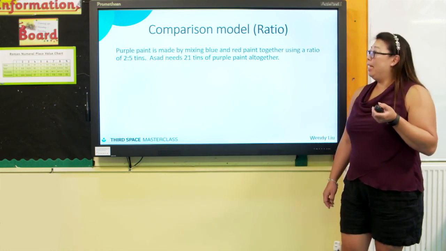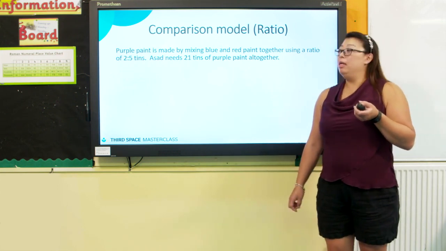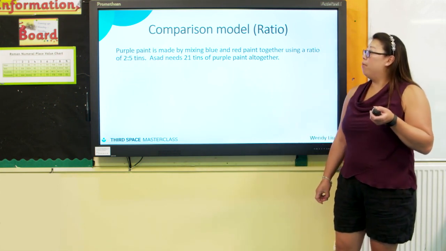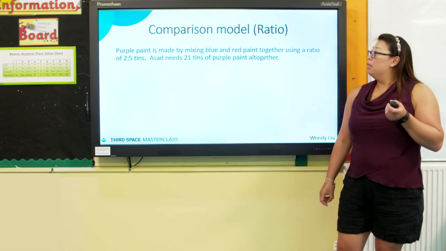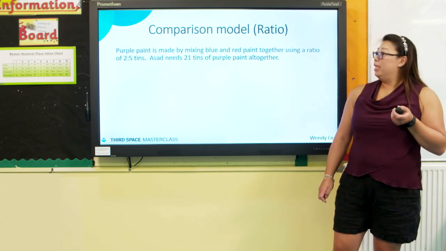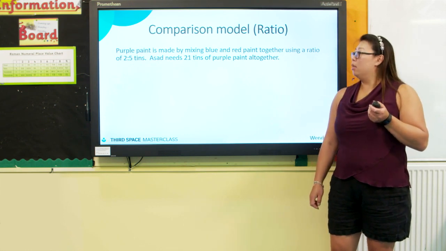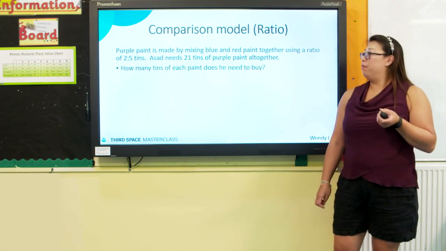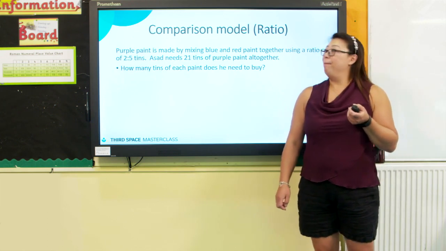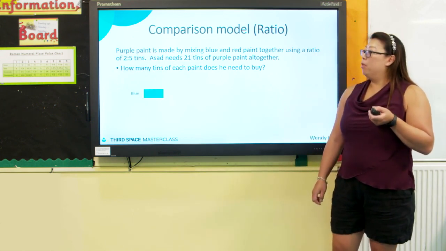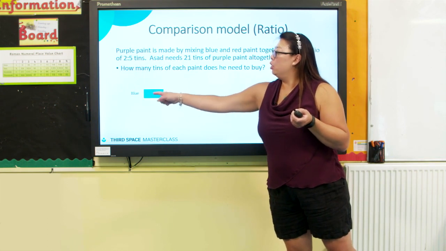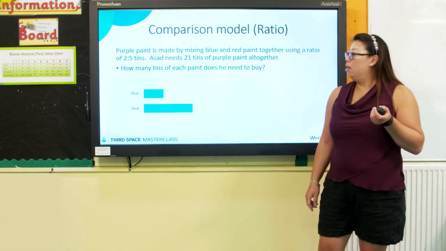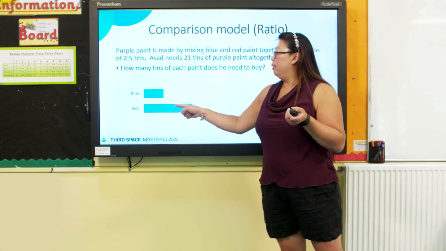Purple paint is made by mixing blue and red paint together using a ratio of 2 to 5 tins. Asad needs 21 tins of purple paint altogether. The question is, how many tins of each paint does he need to buy? So we can model blue paint 2 tins, red paint 5 tins.